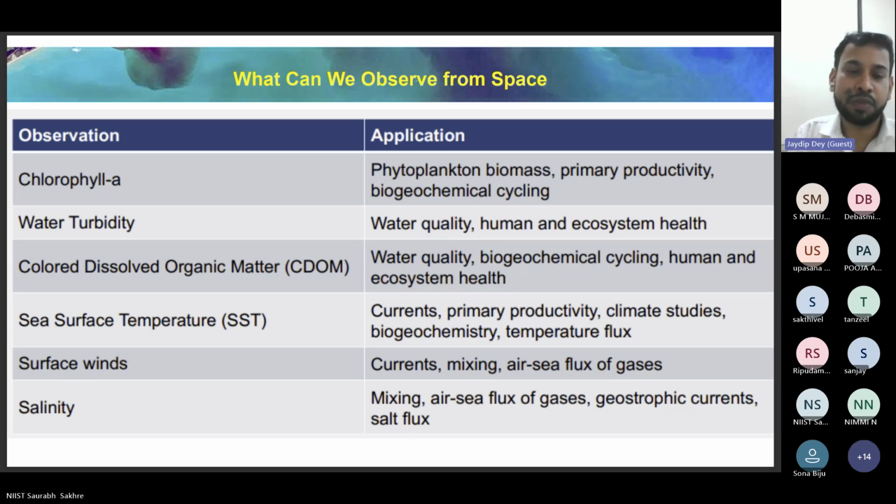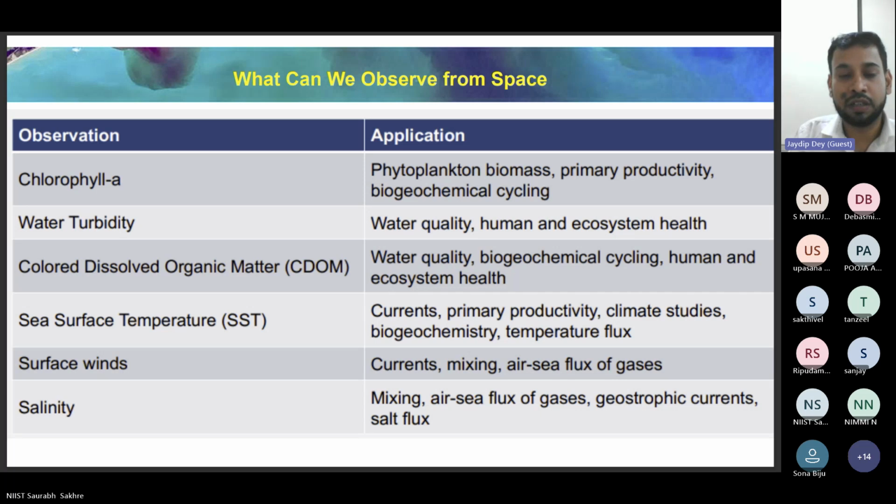The sea surface temperature is one of the significant water quality parameters that is associated with ocean current, primary productivity, climate studies, temperature flux, and the ocean heat budget. Similarly, surface wind and salinity have their own application.